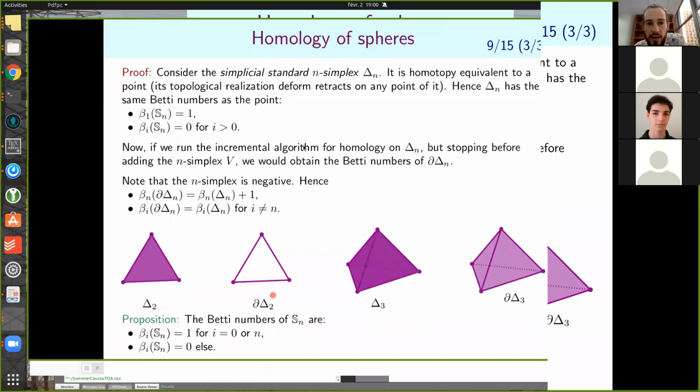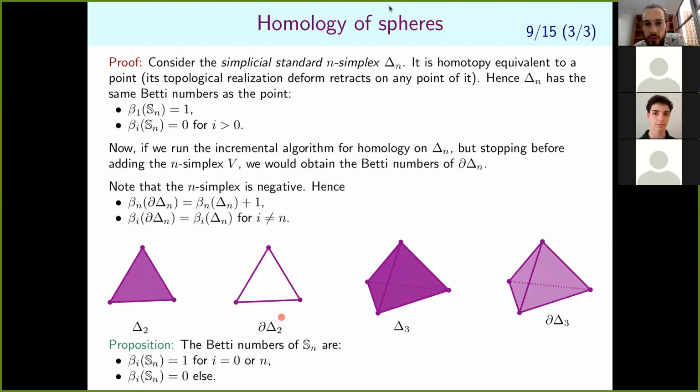A nice idea, I hope that you can see my drawing, will be to draw a circle here, and to define the homeomorphism, you project each point of the triangle on the circle. And you want to show that this projection is well defined and that it is a bijection and continuous.